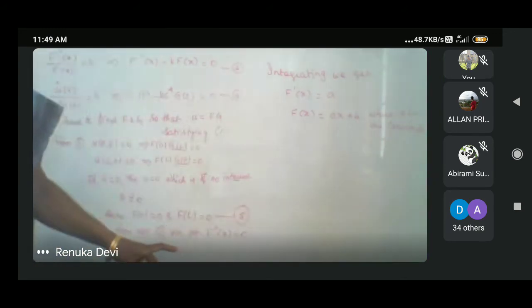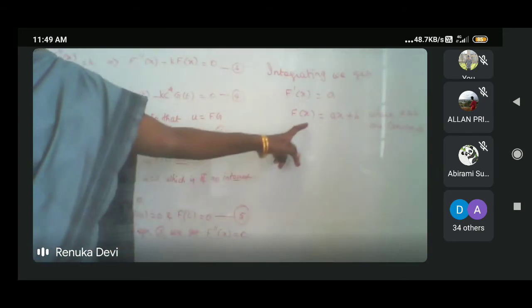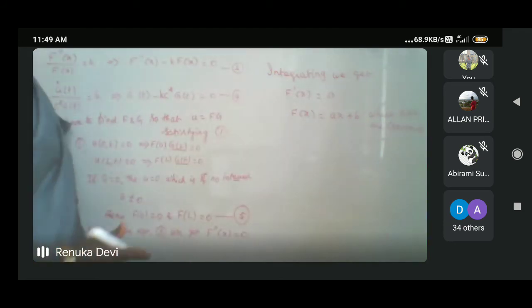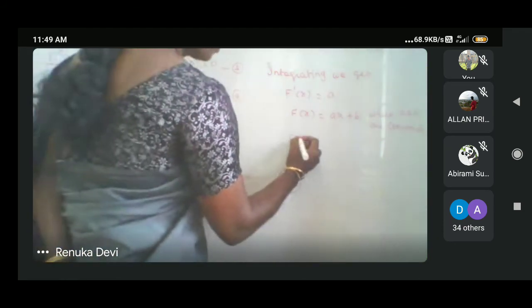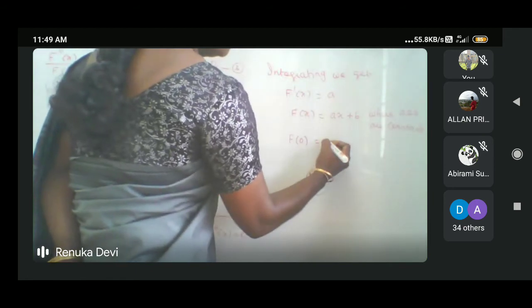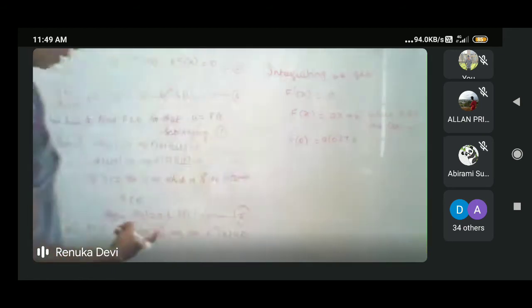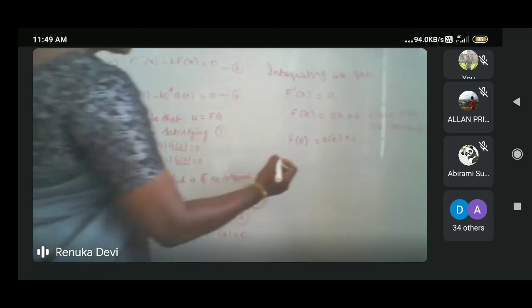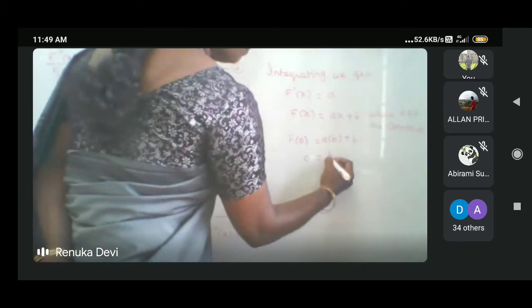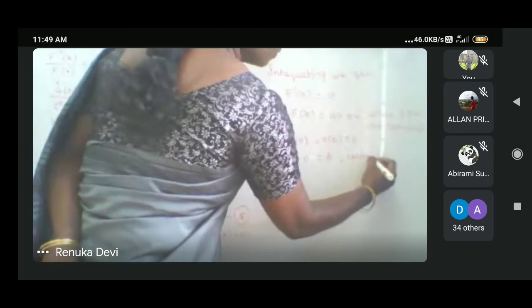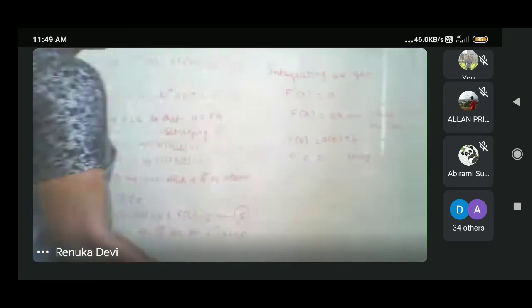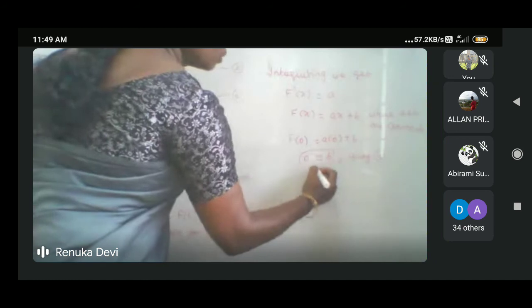What is f of 0? f of 0 is a into 0 plus b. From 5, f of 0 is 0, so 0 equal to b. That is, we are getting b equal to 0.